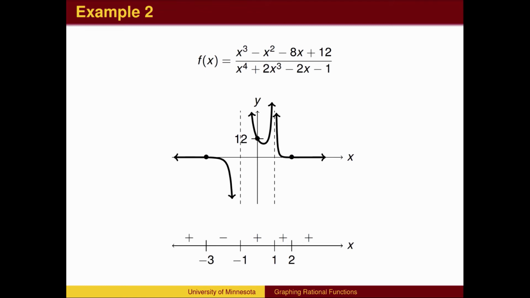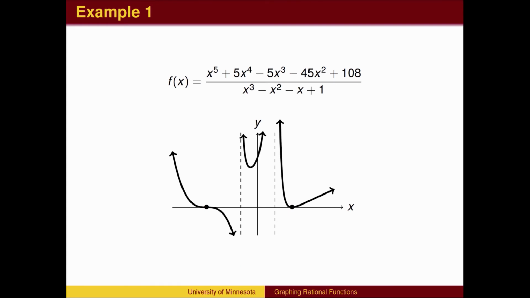The numerator has a leading term of x to the third, and the denominator has a leading term of x to the fourth. When x is large, the other terms become insignificant, and f of x will resemble x to the third over x to the fourth, which equals 1 over x. When x is large, f of x will tend to 0, so this graph has a horizontal asymptote at 0.